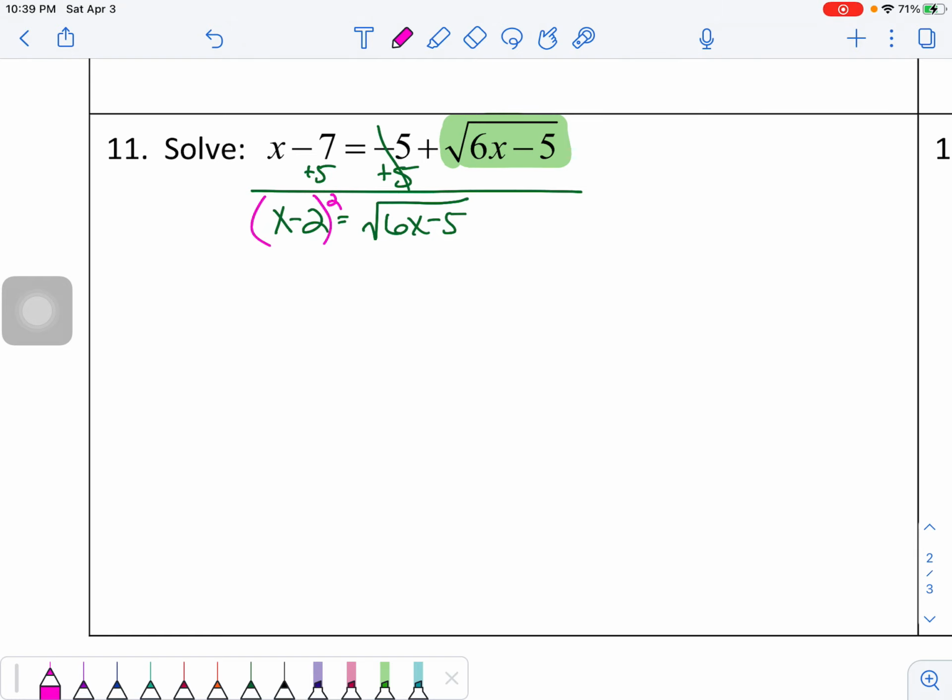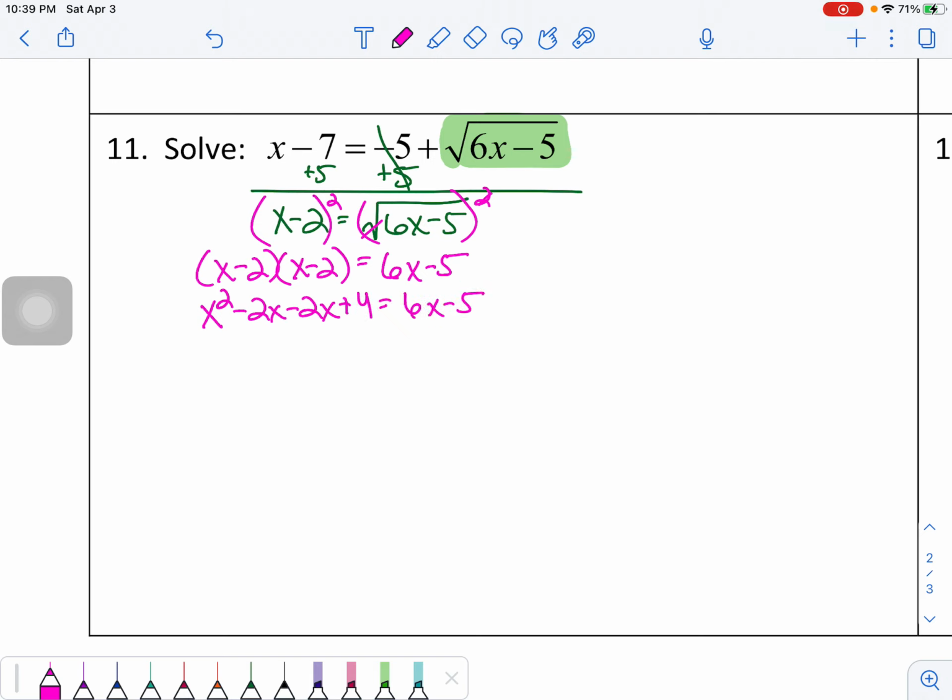To get rid of the square root, I'm going to square both sides. So x minus 2 times another x minus 2. Square and square root cancel, so 6x minus 5. Do a little multiplication here. I'm going to do a little combining like terms. Plus 4 equals 6x minus 5.